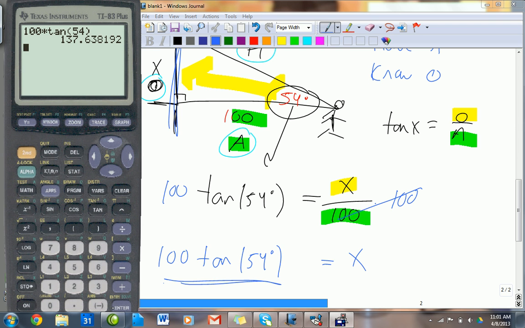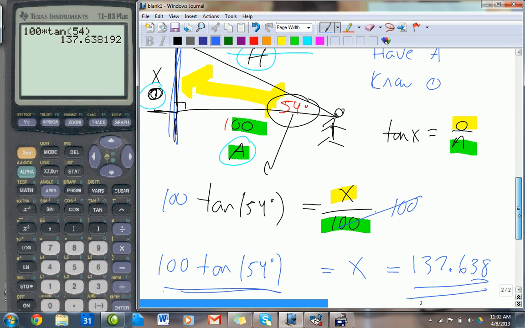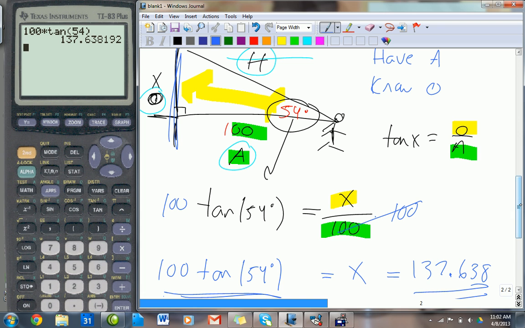I press enter, and there's my opposite side. So what I just found is this side here, the height of the chapel, well, really 5 feet less than the height of the chapel, approximately. So this side would be about 137.638 feet, based on this problem.